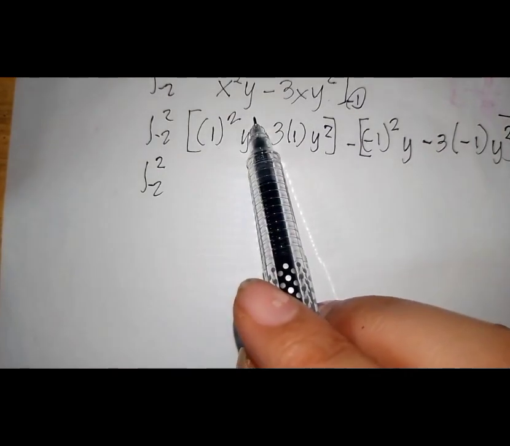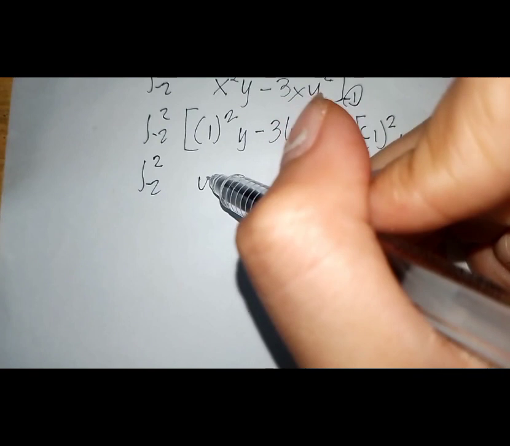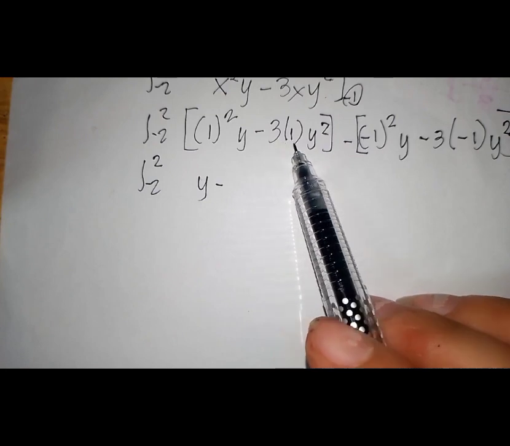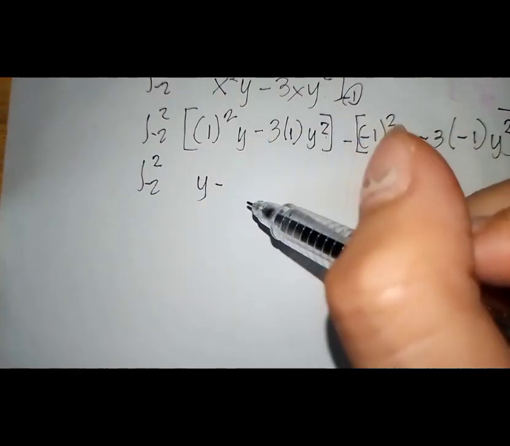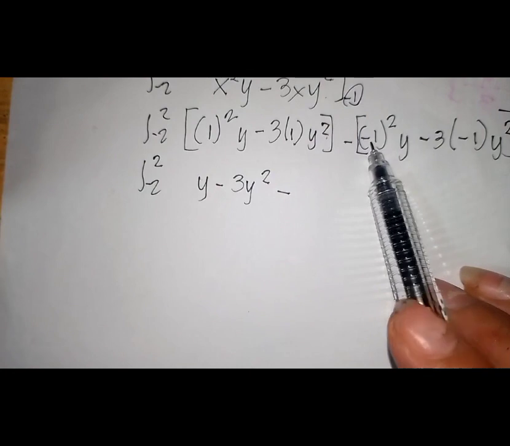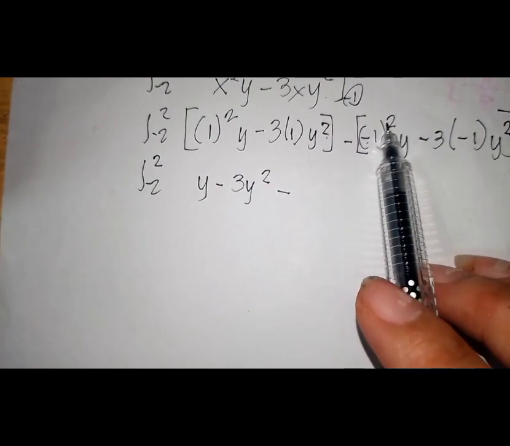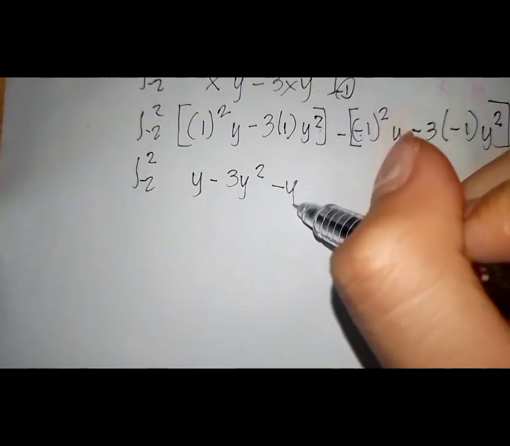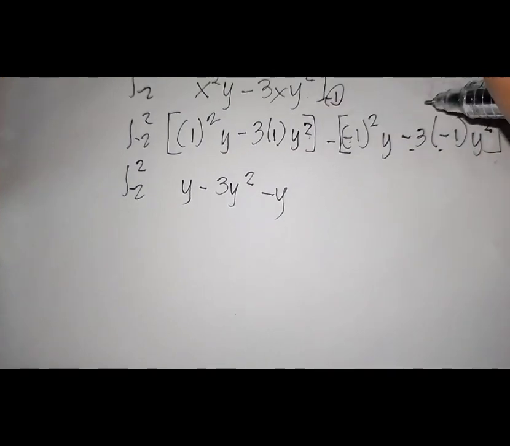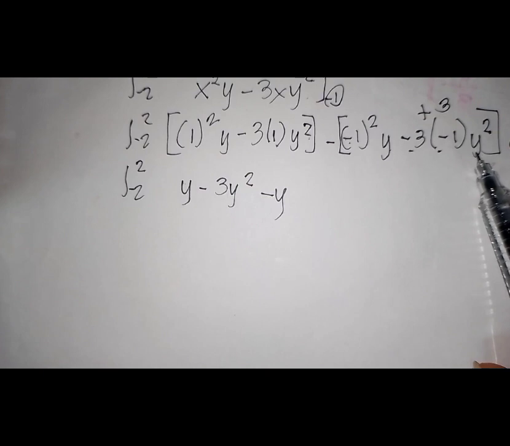So 1 squared is 1 times y, which becomes y, minus negative 3 times 1 times y squared, which becomes 3y squared, minus negative 1 squared, which is 1 times y, becomes y, and negative 3 times negative 1 becomes positive 3y squared, dy.